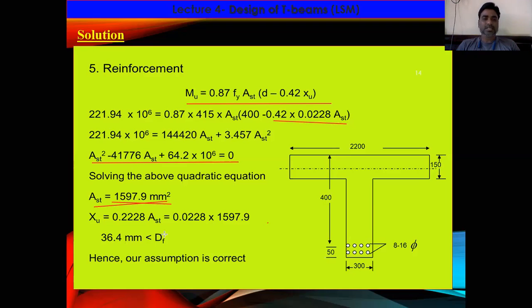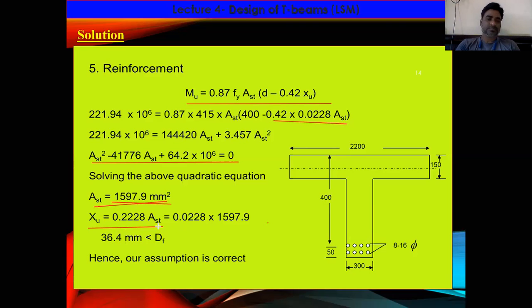The condition is that the required area of tension reinforcement should be greater than the minimum reinforcement and less than the maximum reinforcement. After checking that it satisfies the conditions, you can calculate the depth of neutral axis based upon the previous equation, that is in terms of Ast.